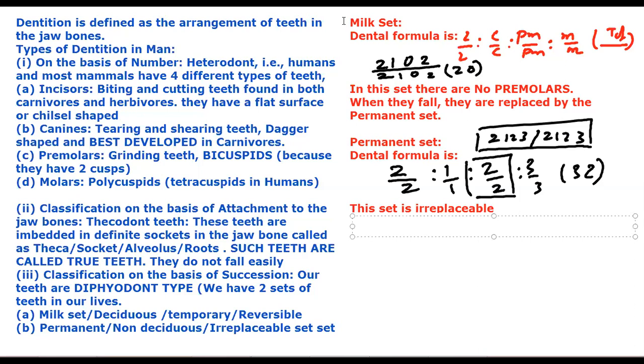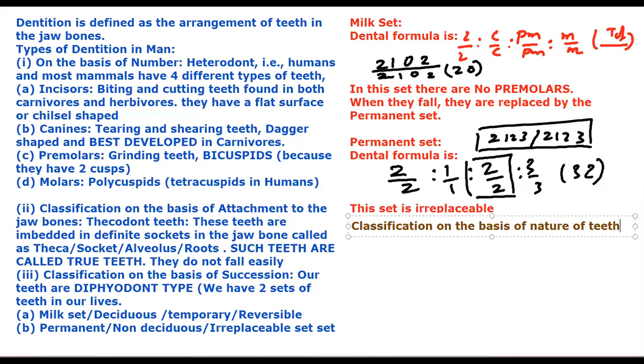So, classification on the basis of nature of teeth. Okay, classification on the basis of nature of teeth.